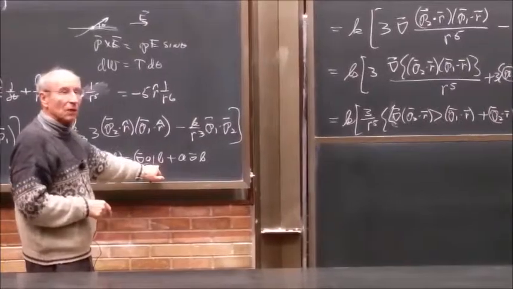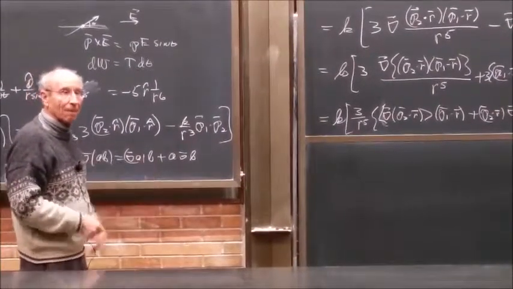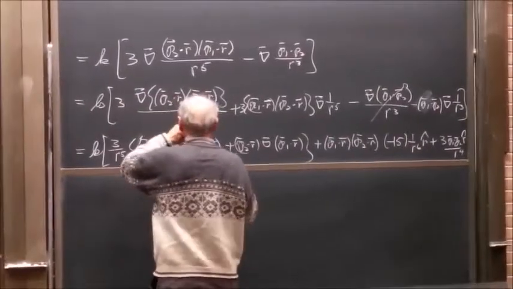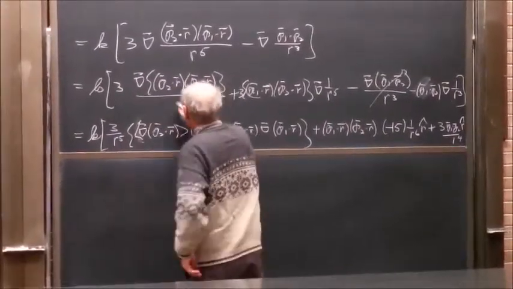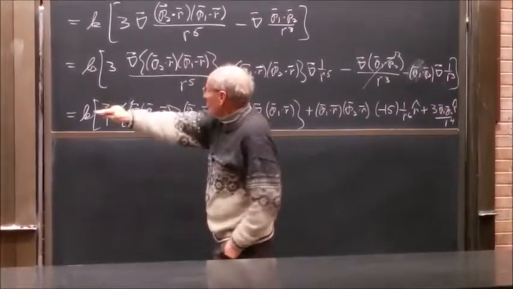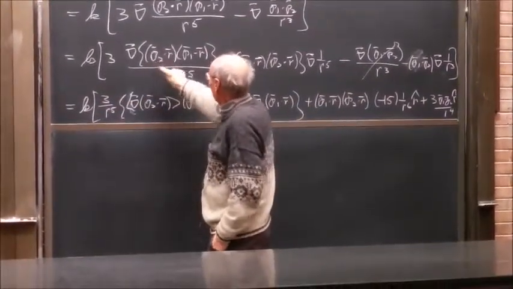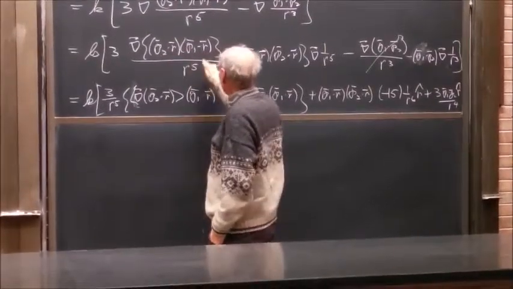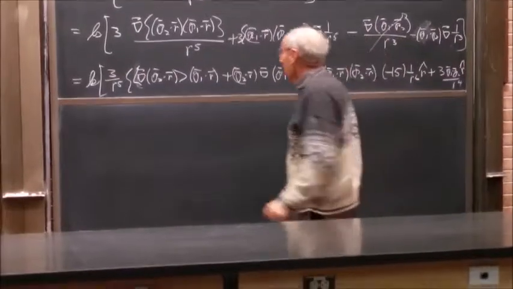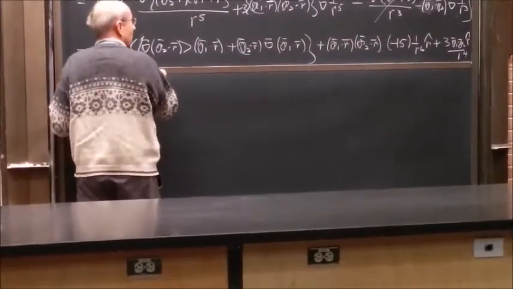The B is 1 over r to the 5th. And so first I have this guy. I'm now writing it out using that again. It's the gradient of this one times that plus this times the gradient of that. Okay.